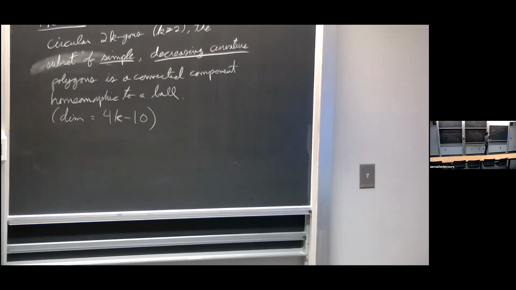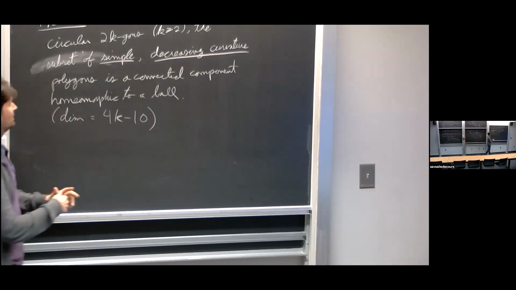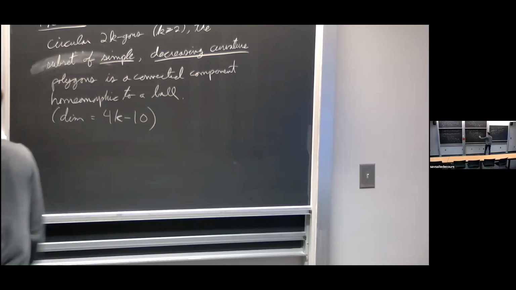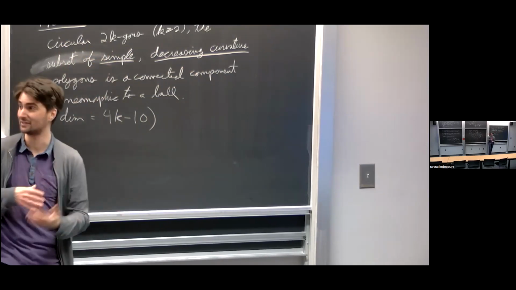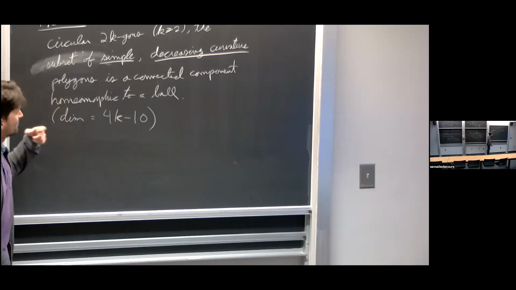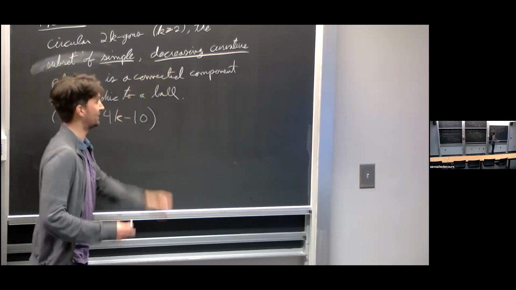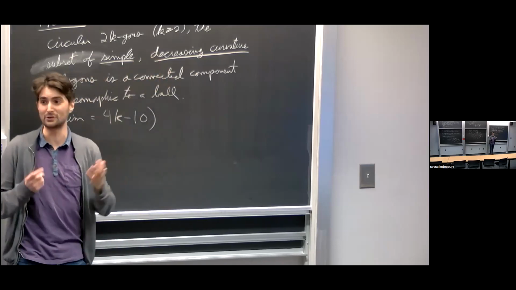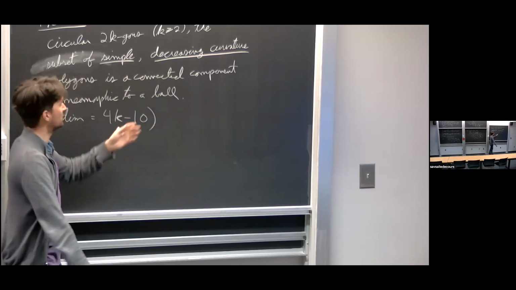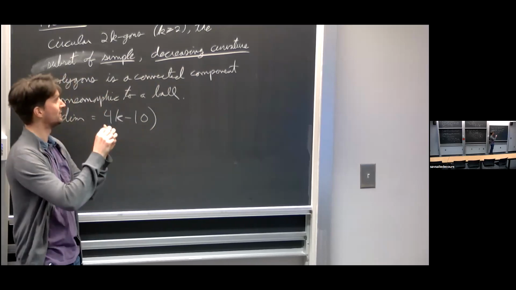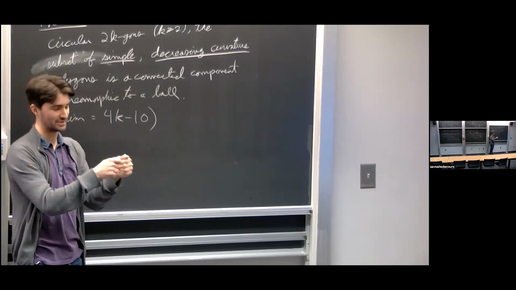So there is a very special subset of generic circular 2k-gons, which satisfy this property. They never self-intersect in the whole orbit under these equivalences. And they have this other property: curvature for a circle is the inverse of radius. So decreasing curvature should mean that when you move around the curve, the radius is always growing.